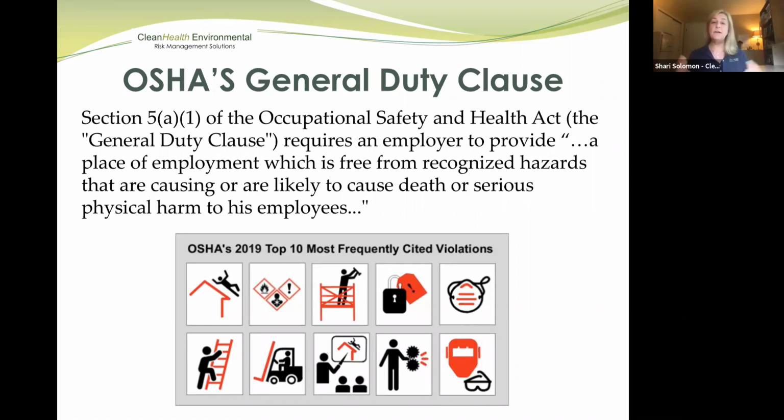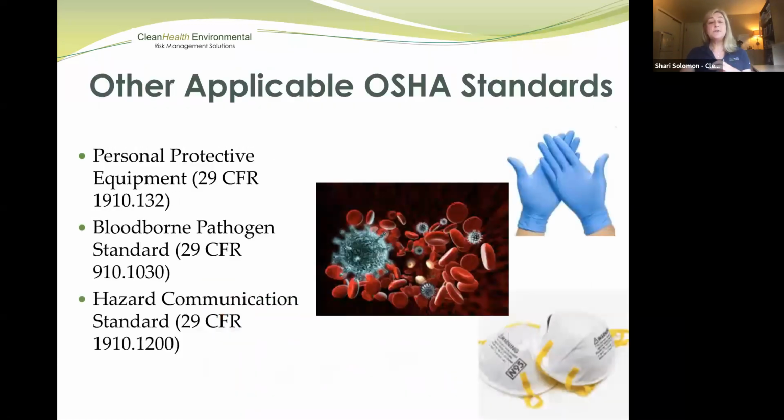That's what we call the catch-all, to catch all of those potential issues in the workplace that were hazardous or potentially caused harm. So OSHA is already fining employers under the general duty clause. There are other standards, as we briefly talked about: personal protective equipment, bloodborne pathogen, hazard communication.